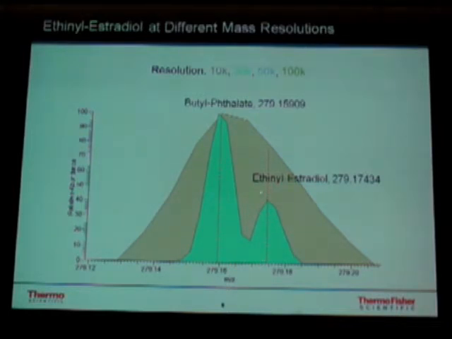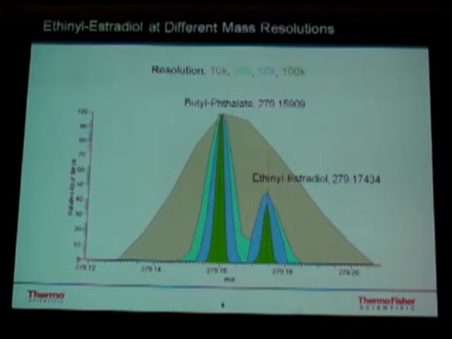This is ethynyl estradiol, this is phthalate. At 50,000 resolution, they are separated even better. And if you run it at 100,000, they are completely separated. You can never make an error in quantitating ethynyl estradiol, even at very low levels like 500 ppb. So that's the power.